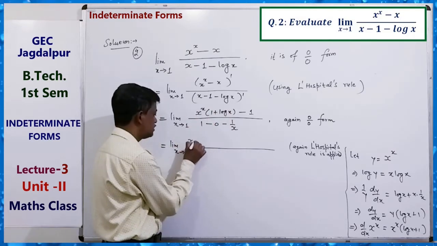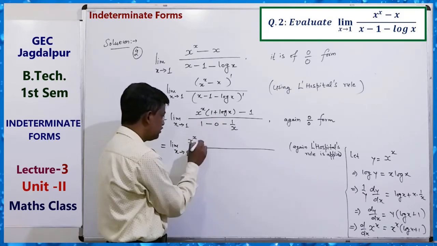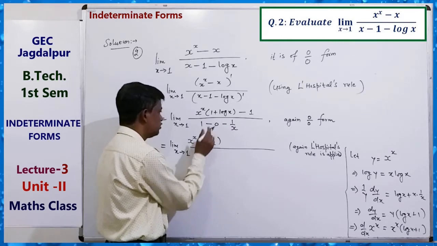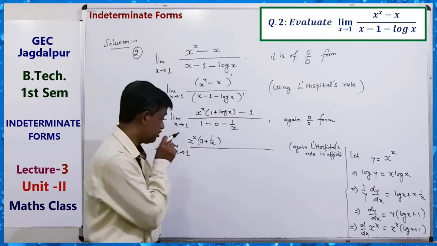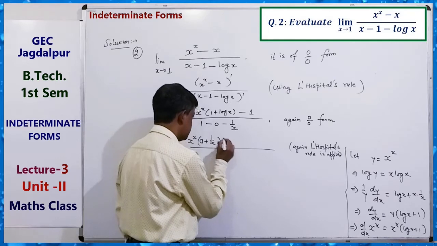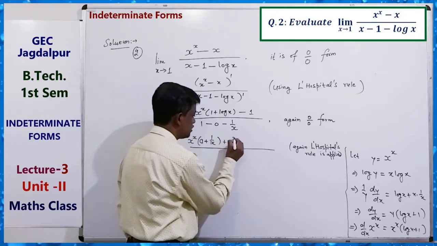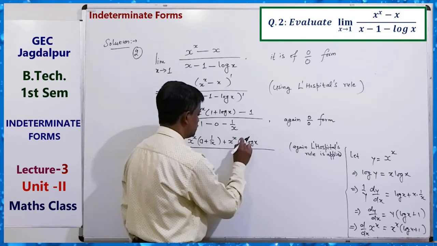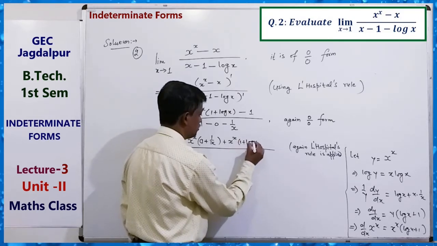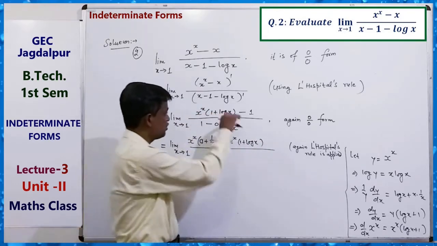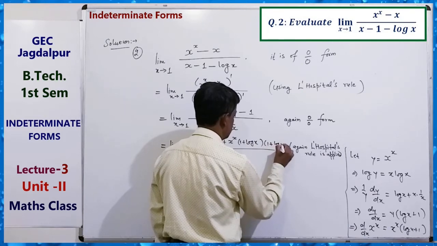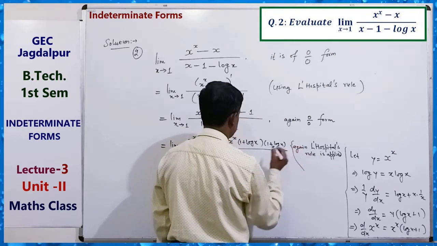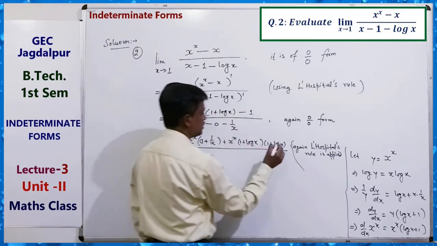First function as it is times the derivative of the second function, which is 1 plus log x, plus the derivative of the first function, x to the power x (1 plus log x), into (1 plus log x). And minus 1 is minus 0.